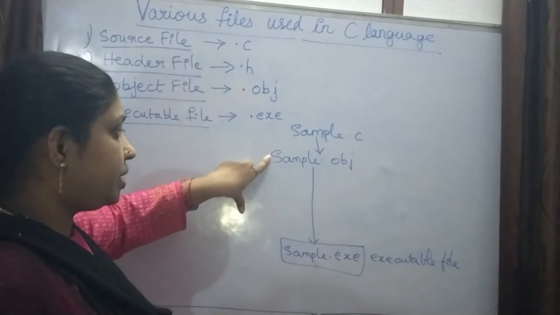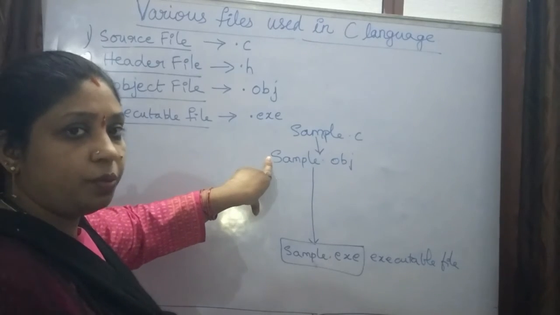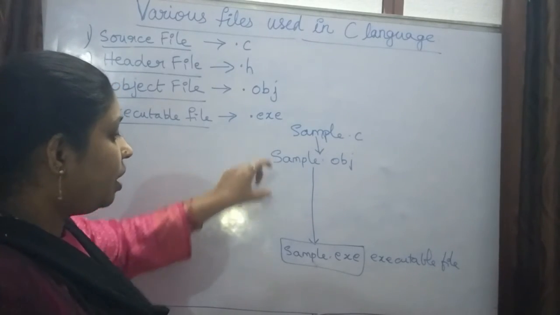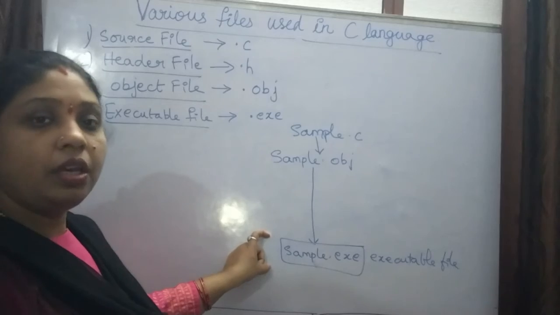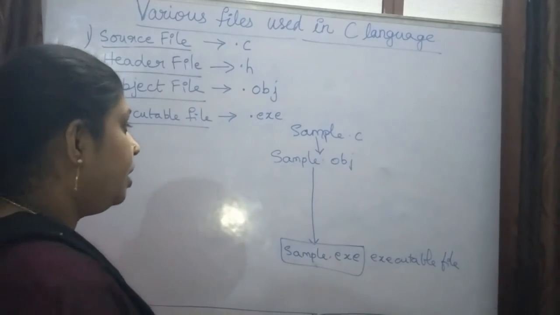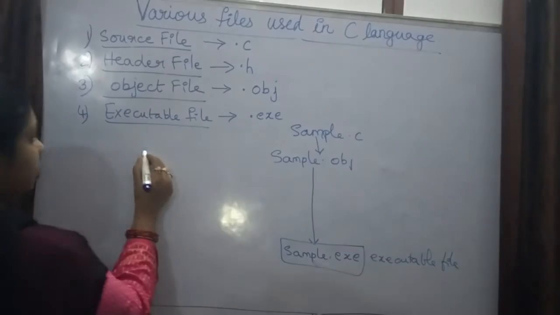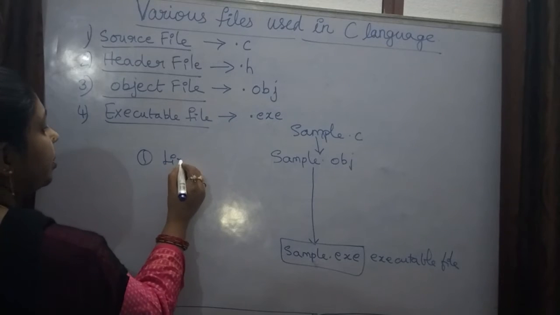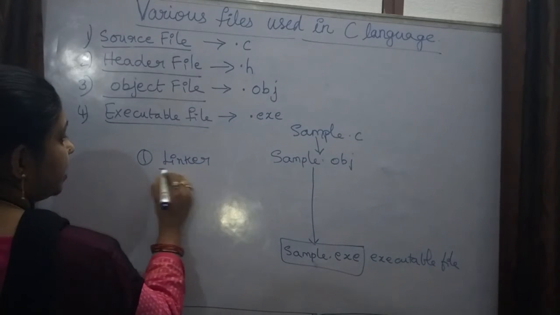Sample.c changed to sample.obj, that is the object file. Now how does this object file change to the executable file? You have one section called the linker section. We have already discussed it in our previous class.